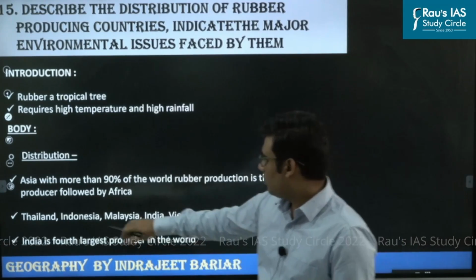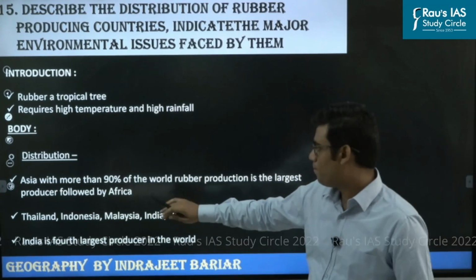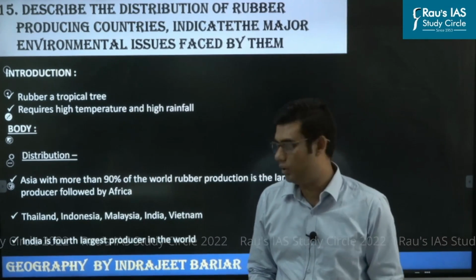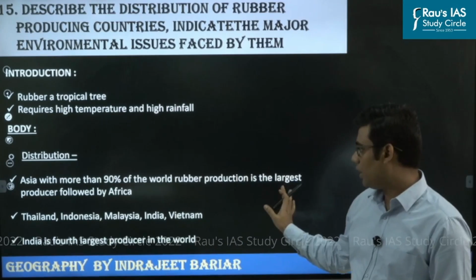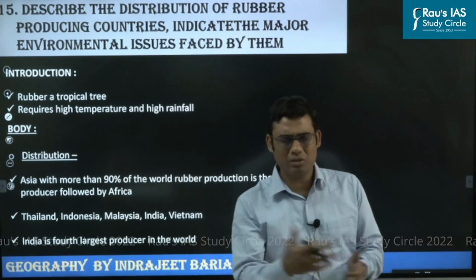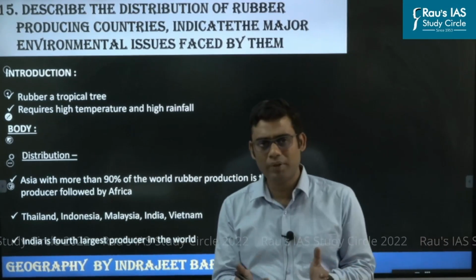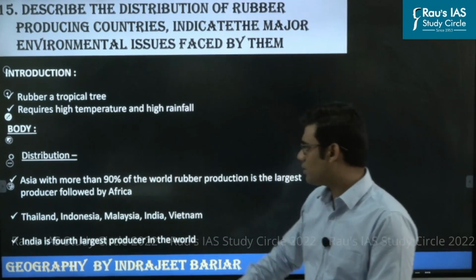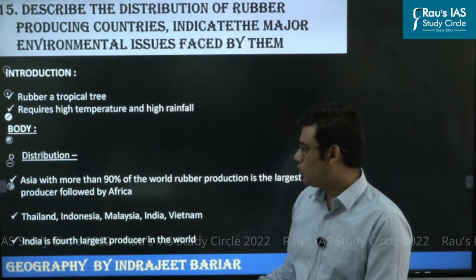Overall, Asia produces more than 90% of the rubber of the world. The exact percentage is 94% for Asia and 6% for Africa. So that's the continent-wise distribution, first of all.